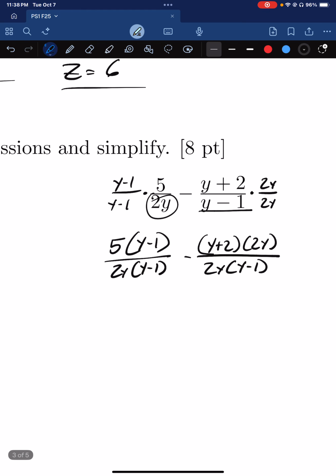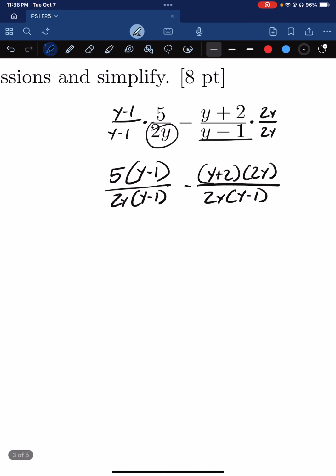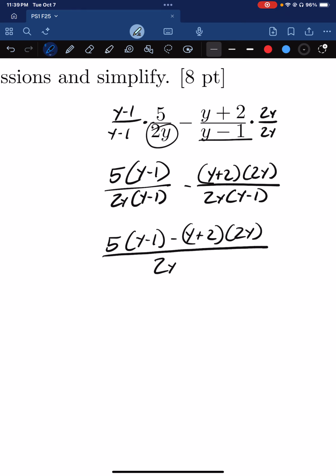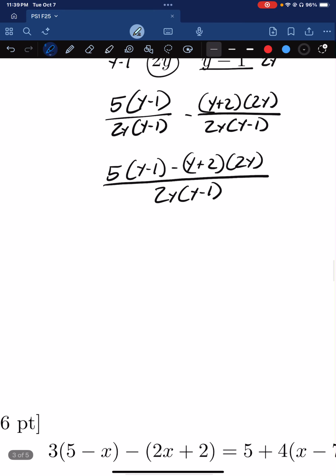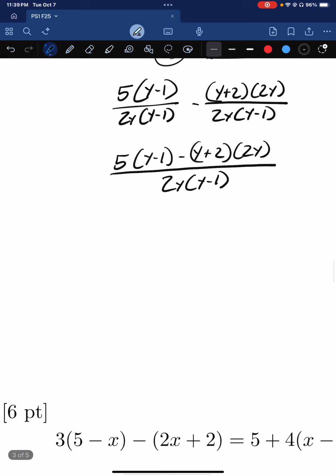So now we have the same denominator, and so we can just write this as 5 times y minus 1 minus y plus 2 times 2y all over 2y times y minus 1. Since it wants us to simplify, that's just going to look like distributing this 5 and then distributing this 2y.